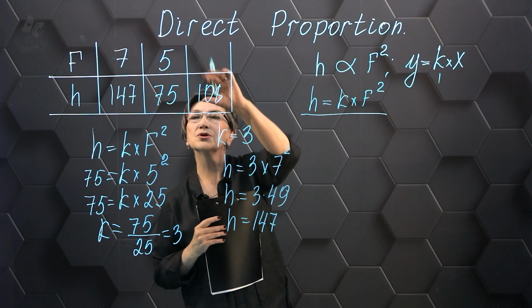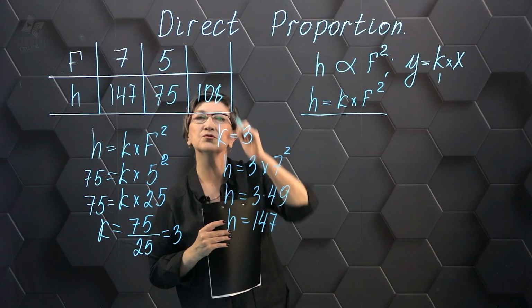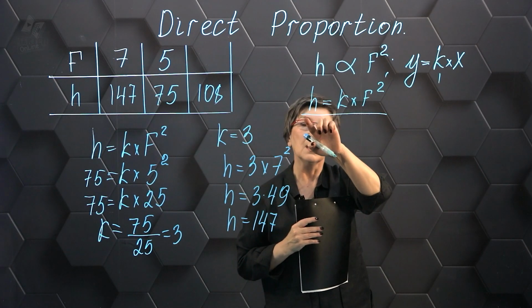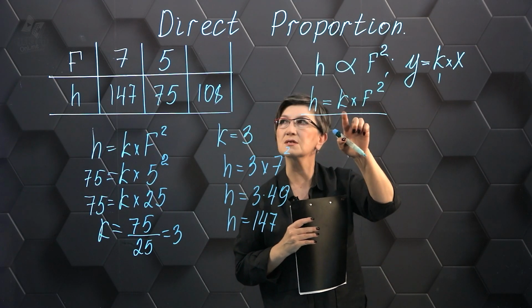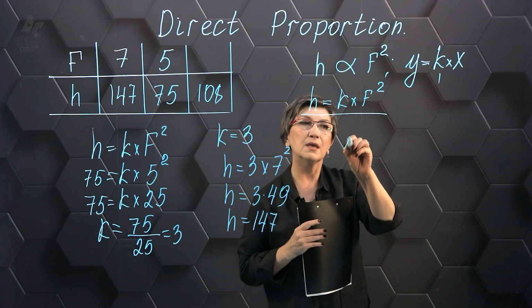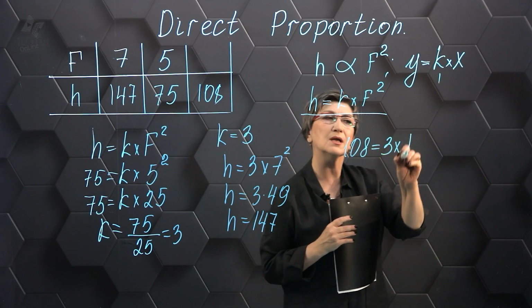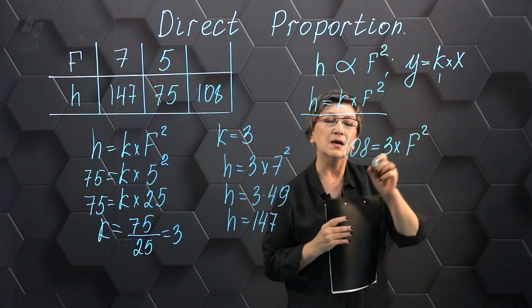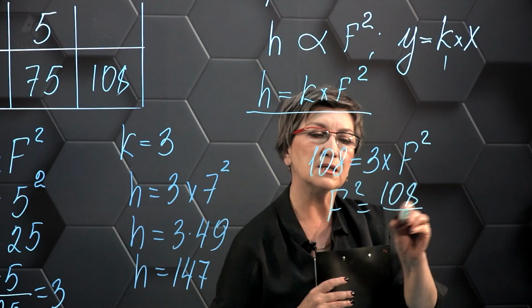In the next case, we know h equals 108. And we need to find the value of f. Again, using our notation and the coefficient we know, we find f. h equals 108. 108 equals 3 times f squared. The f squared equals 108 divided by 3.